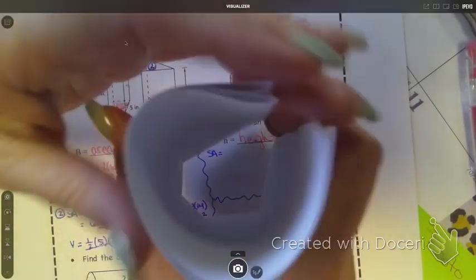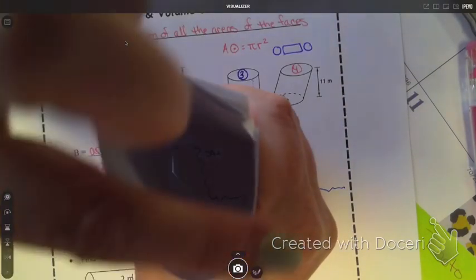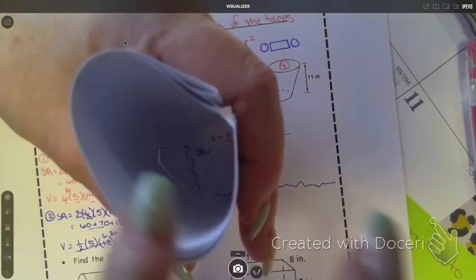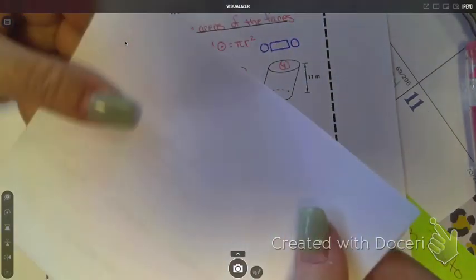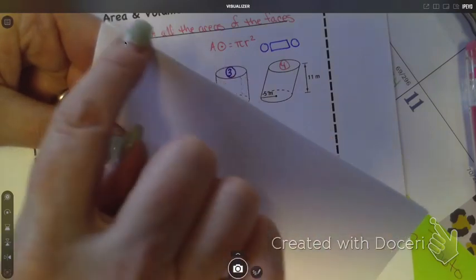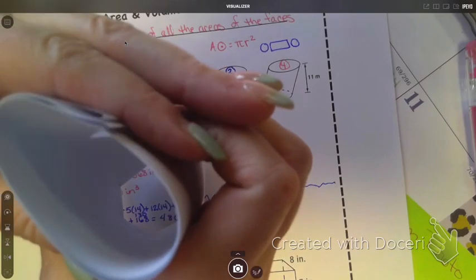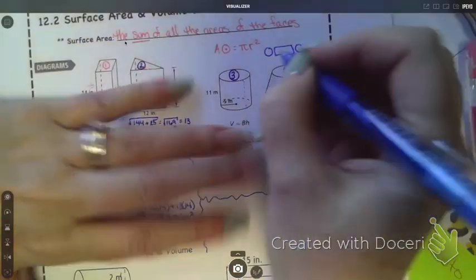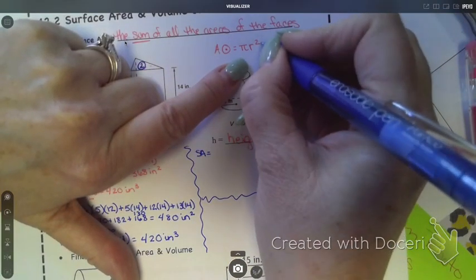So if I take that rectangle, it makes a can, yes? See my circle? This is what of a circle? Circumference. So this is the circumference of the circle, isn't it? But when I open it up, it's the length of my rectangle. So the circumference of that circle is the length of my rectangle. So on this equation, we know these circles are pi r squared, correct?